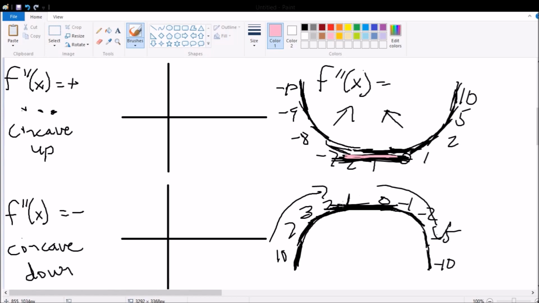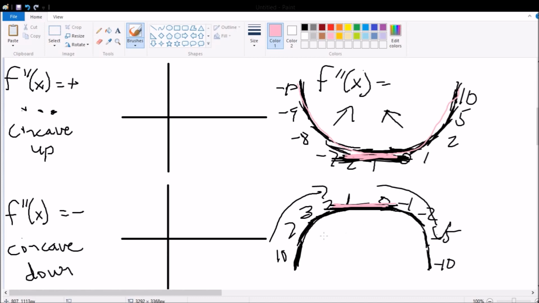So like right there and right there. When the slope is 0, then we could have a max or min. We just need to do a second derivative test. And if we check the second derivative test and we find out that f double prime of x is positive, then we know it's concave up. And for concave up, we know it's got to be a minimum.